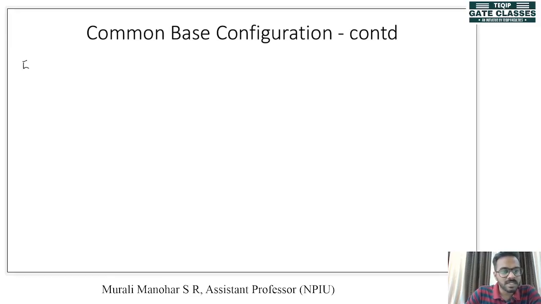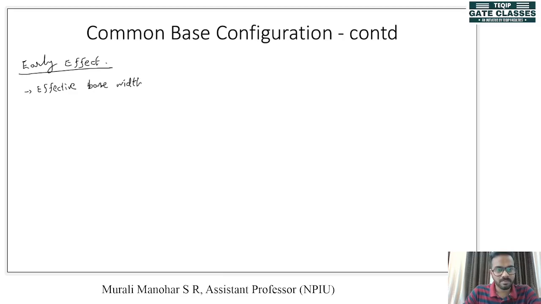Then there is early effect. Early effect says that as we increase the reverse bias voltage of collector base junction, the effective width of base decreases. Right?